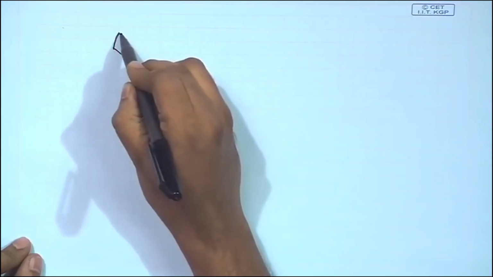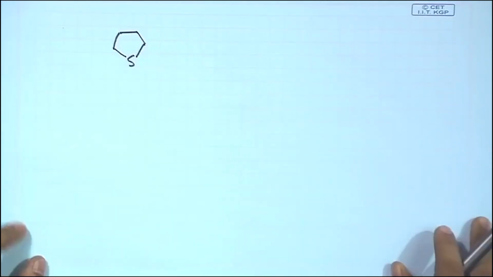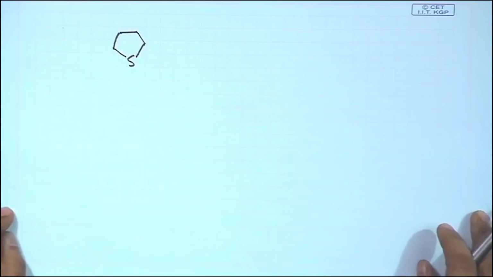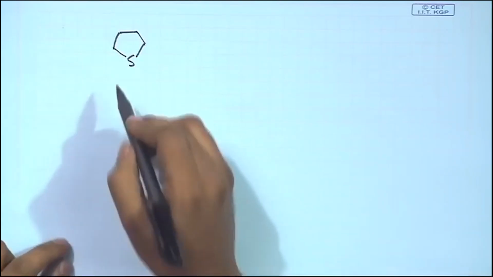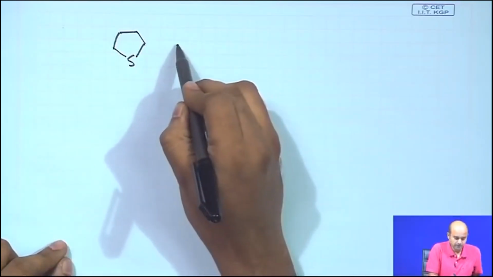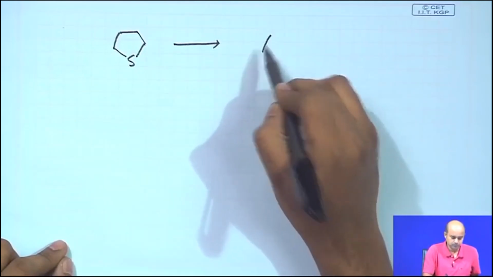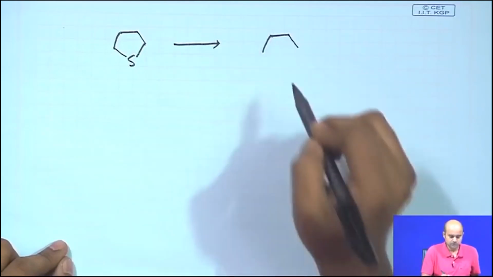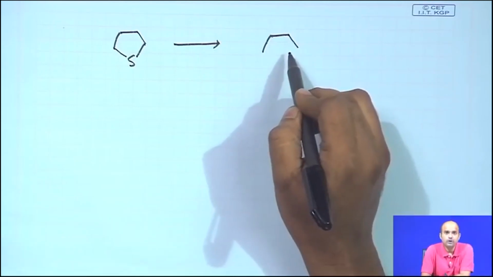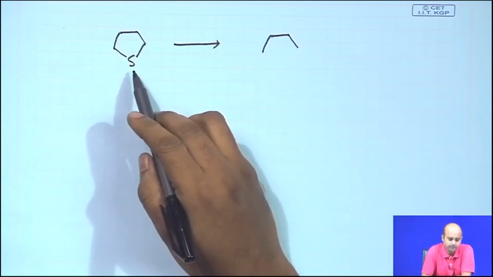Before that, I will give you a simple molecule. This molecule is tetrahydrothiophene. Okay. Now, I ask, is it possible to synthesize this molecule from this tetrahydrothiophene? Now, what is this?